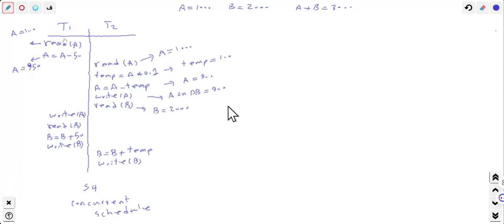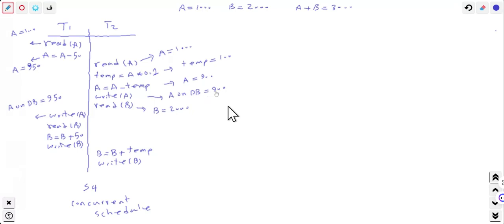So for T1, A is 950. So when it writes A here, the value that is written on A on DB is 950. Doctor: in T2, we write the value on the database as 900. Yes.